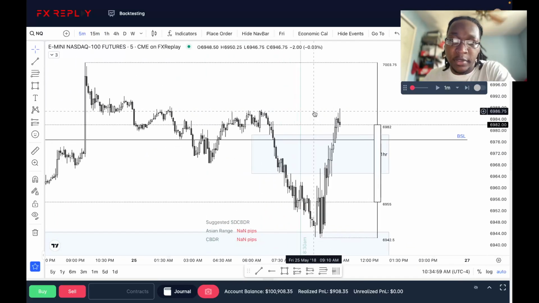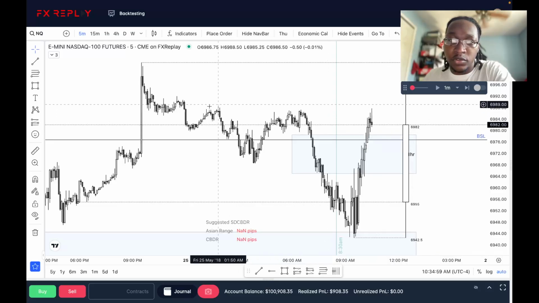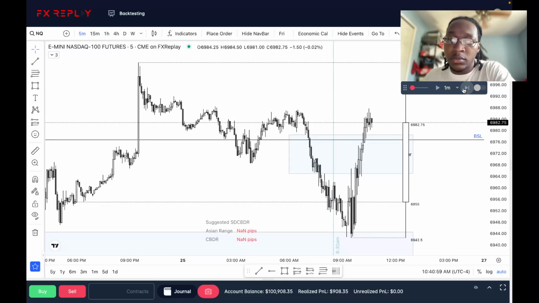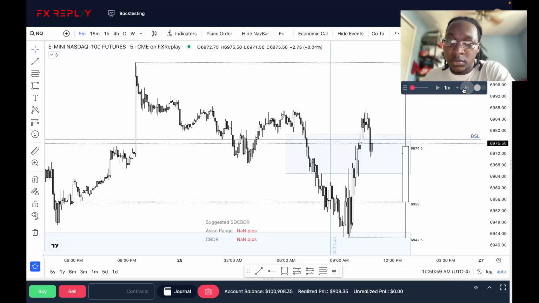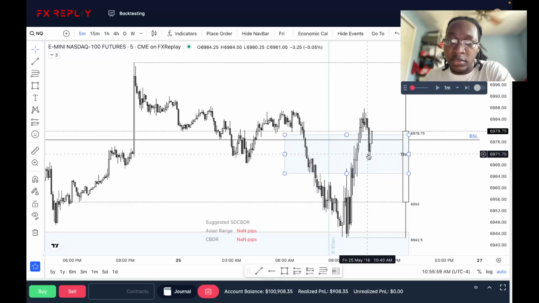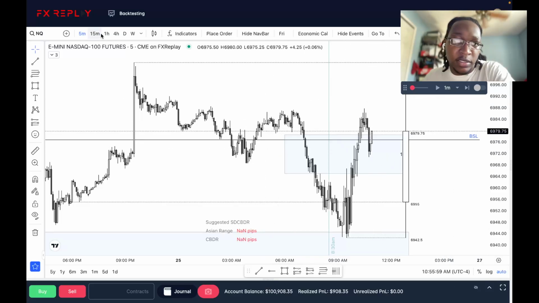No gaps here for entry, but the draw is definitely all of these highs up here. Came back down into this, the mean threshold of the hourly SIBI. So this would be looked at as that inverse gap.